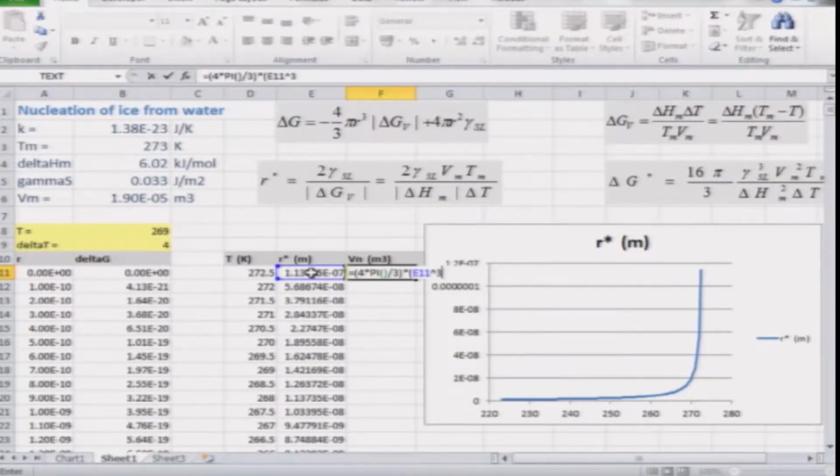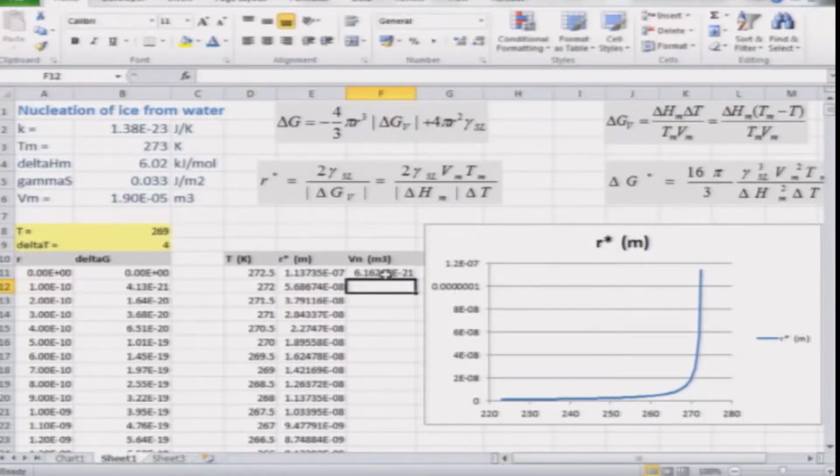So instead of writing it 3 times, this time all I have done is E11 hat 3. This hat stands for power sign in Microsoft Excel. Close the brackets, and this gives me the volume of the critical size nucleus that would be there at a transformation temperature of 272.5 degrees centigrade for ice.